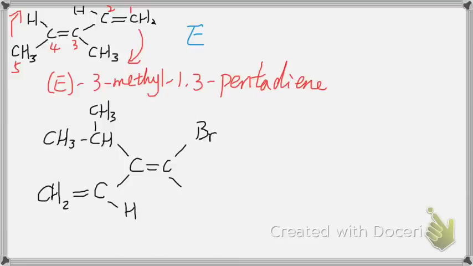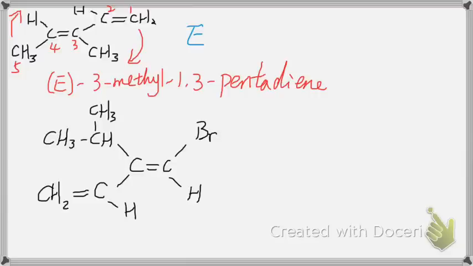This is another case where we have two double bonds, but the carbon on the left is CH2. It has two identical substituents, so this double bond cannot have the E or Z configuration.